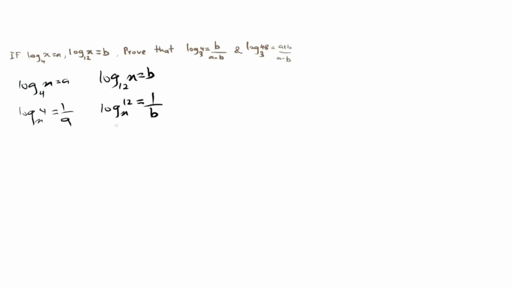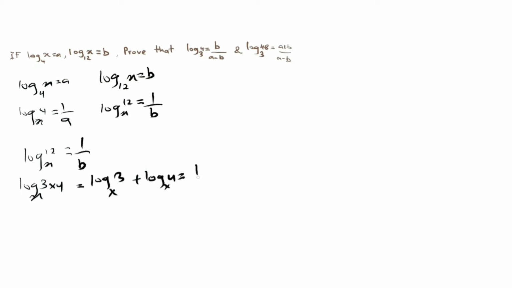But this we can further write it as, now this is number 1, so we can write log 12 base x as log x of 3 times 4, so that is equal to log x 3 plus log x 4 equals 1 over b.